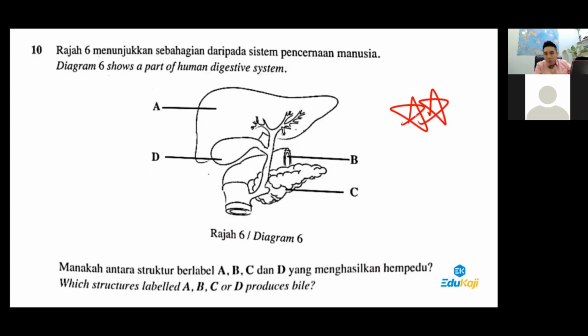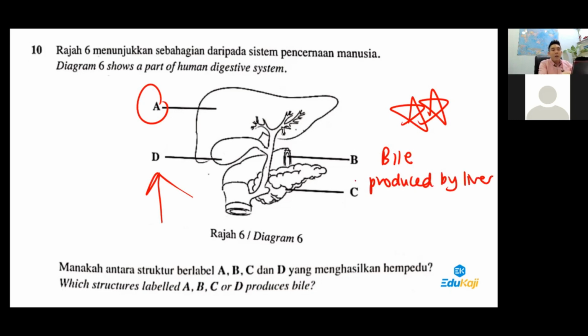A lot of students, I can say a lot, a lot means more than 40%, might choose donkey. Okay, answer is A. Guys, please take note, bile is always produced by the liver. It is stored in the gallbladder.